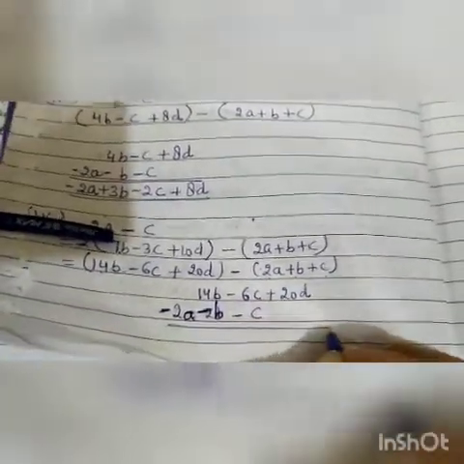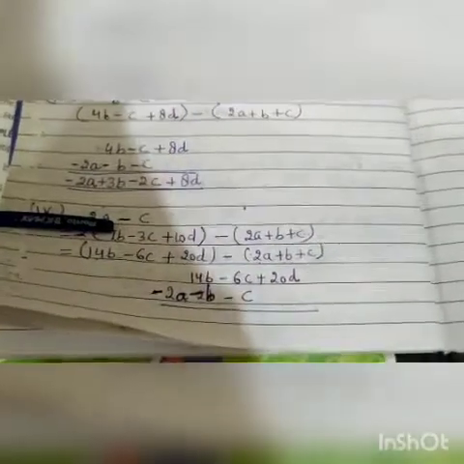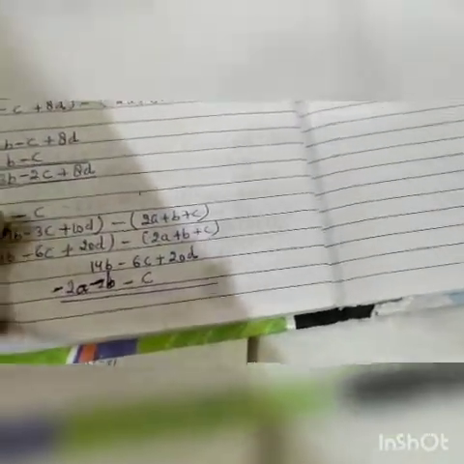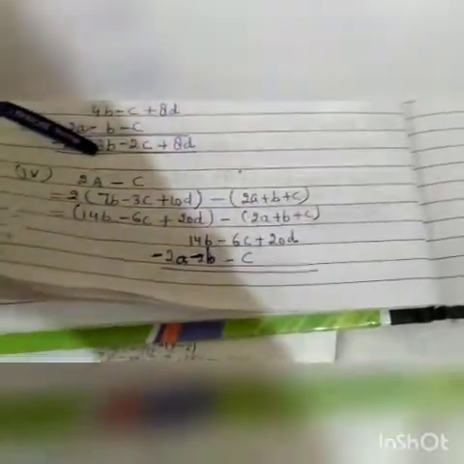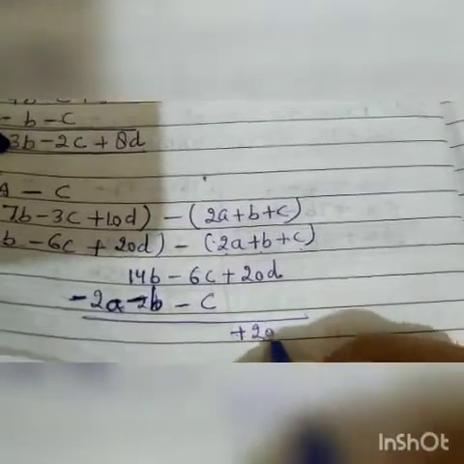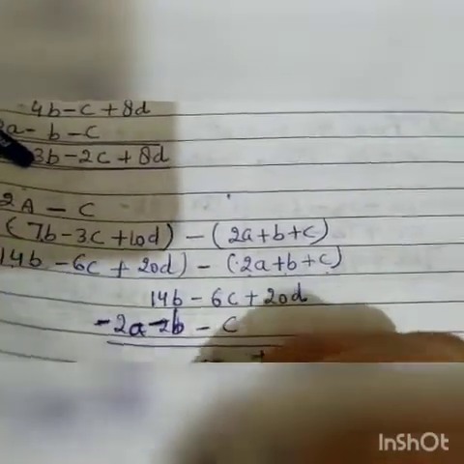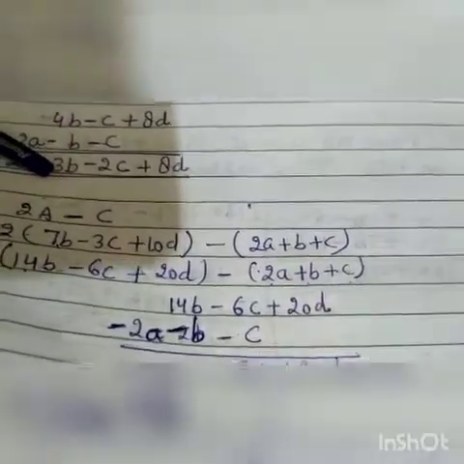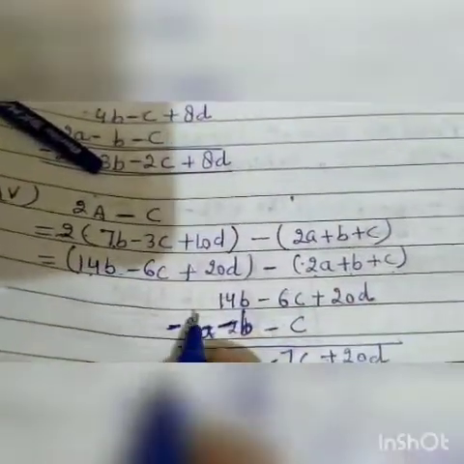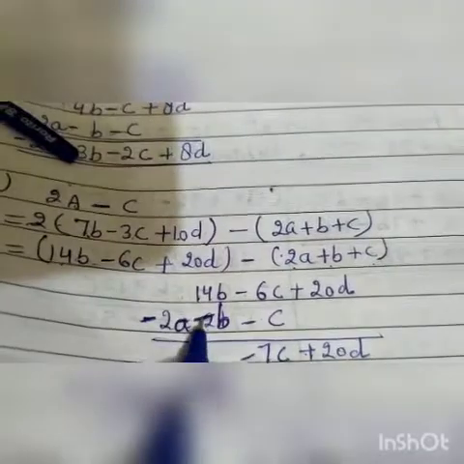Now simplify it. It will be plus 20d minus 6c minus 1c minus 7c, then plus 14b minus b.